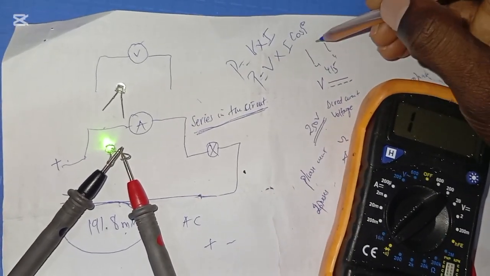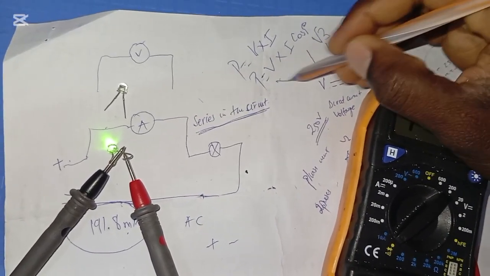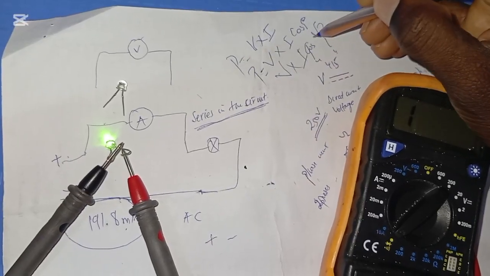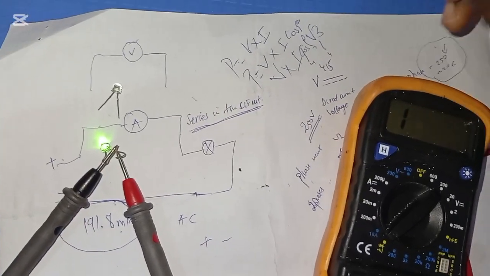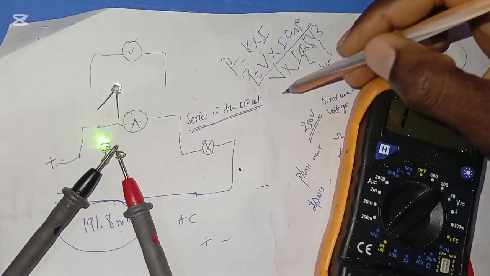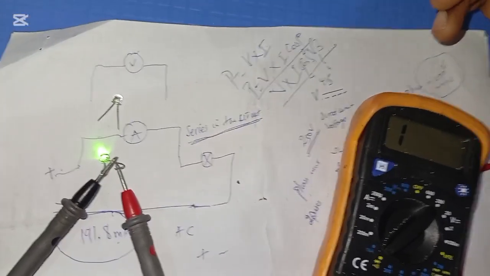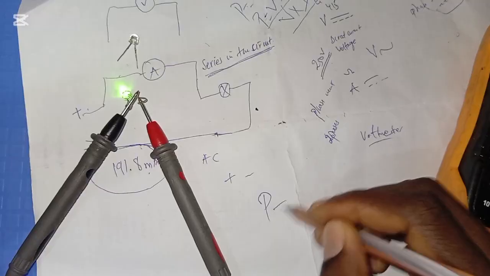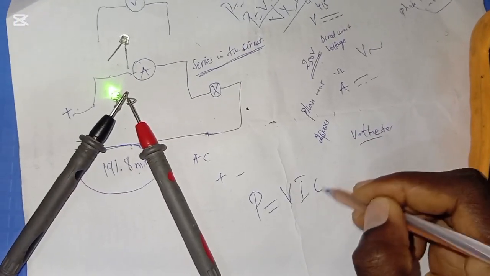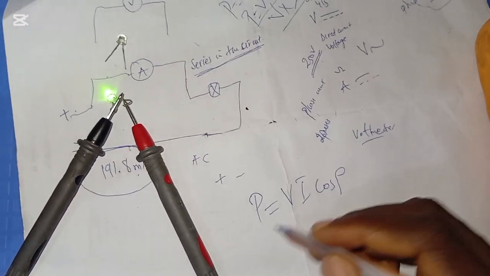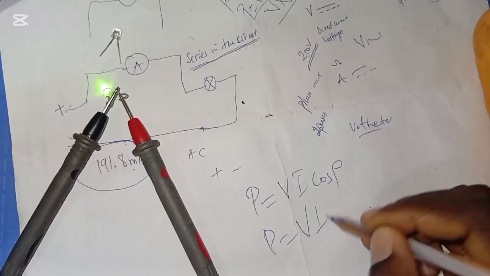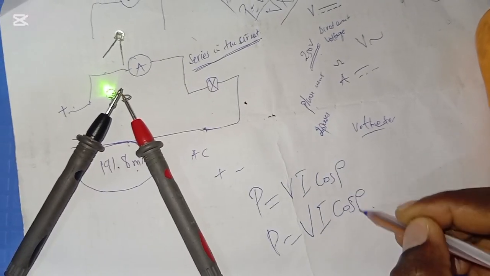If it's 3 phase, you add a root 3 to V I cos phi. Very, very complex. We are not going into details in this one. So for you to measure the AC power, single phase is normally like this, and 3 phase is normally like this.